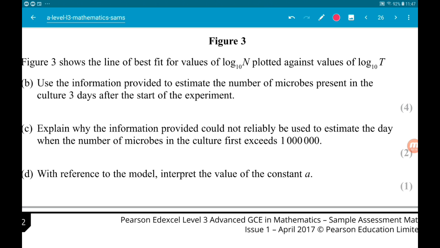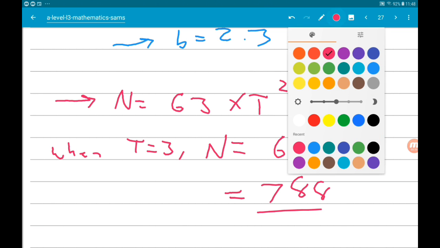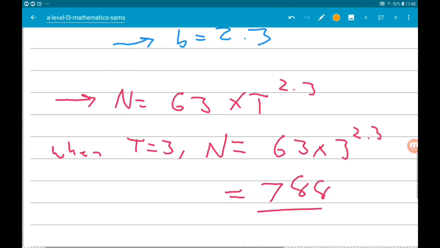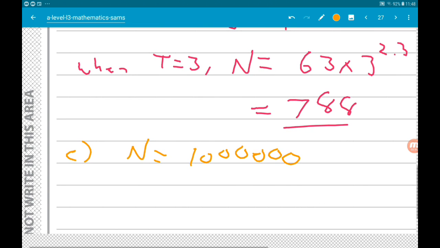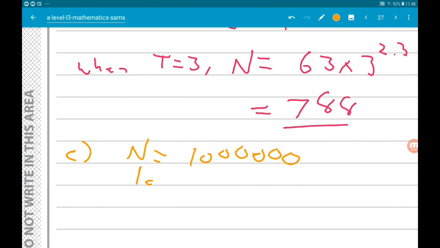Okay, so when n is equal to 1 million, log base 10 of n would equal 6.